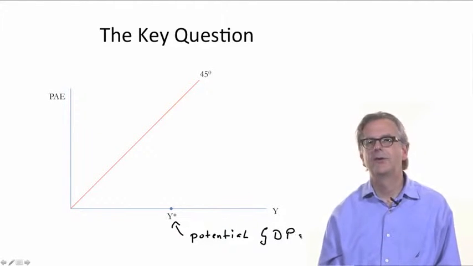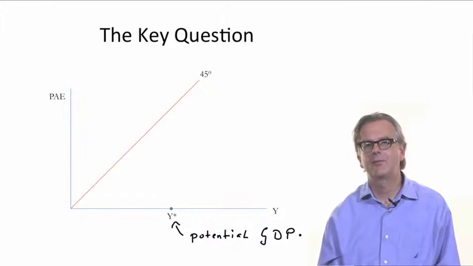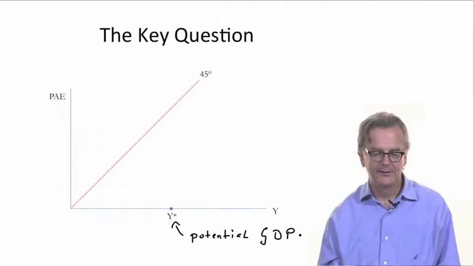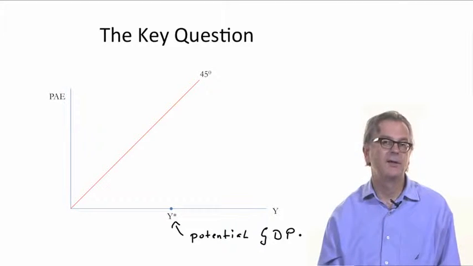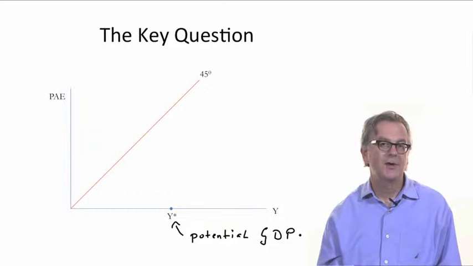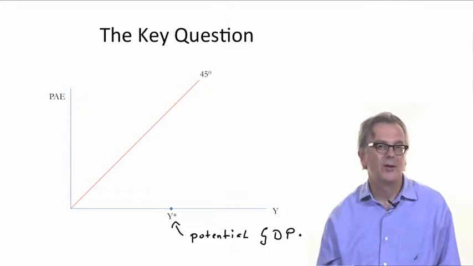How do I know the potential GDP is at that particular point on the axis? Well, there's nothing in the model, there's nothing in this analysis, if you like, that tells me necessarily where potential GDP is. That's coming from growth economics, if you like.